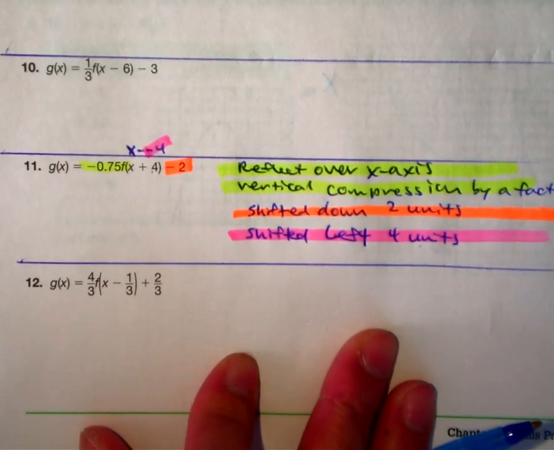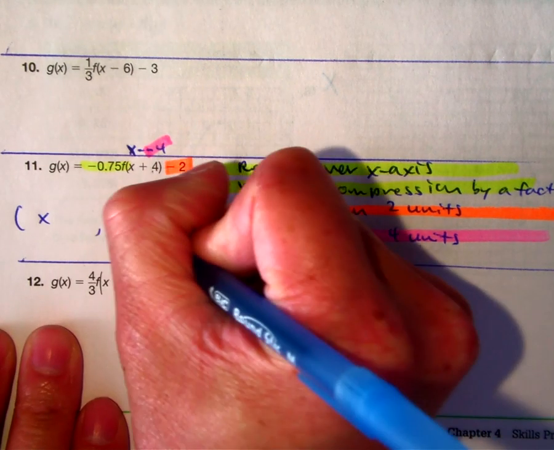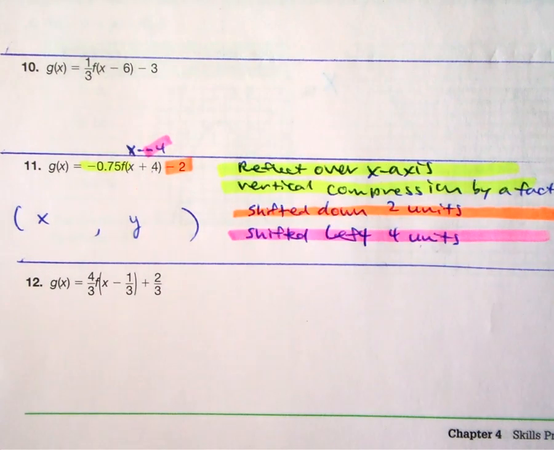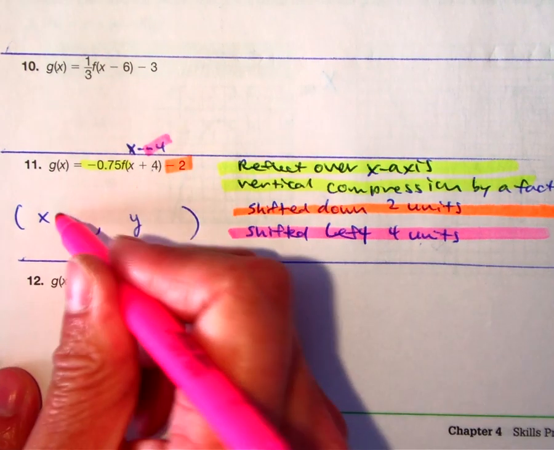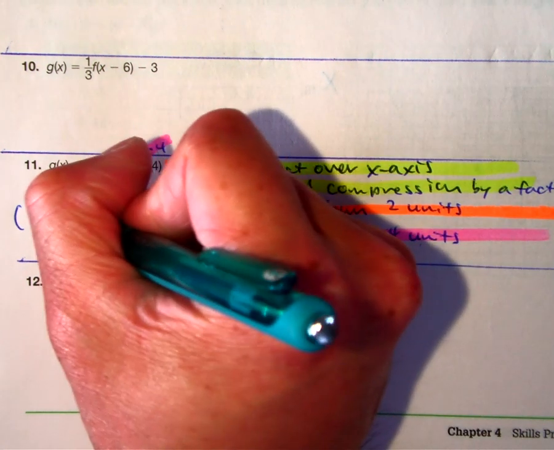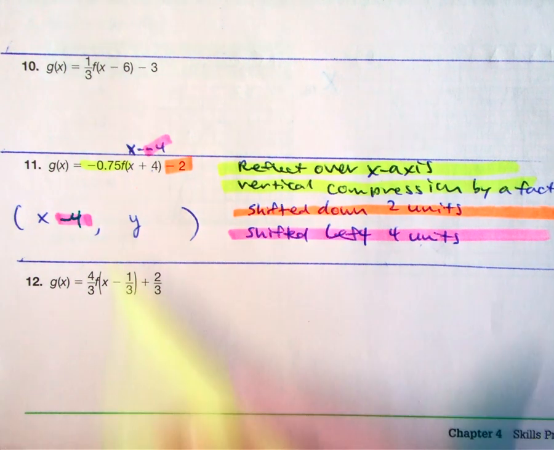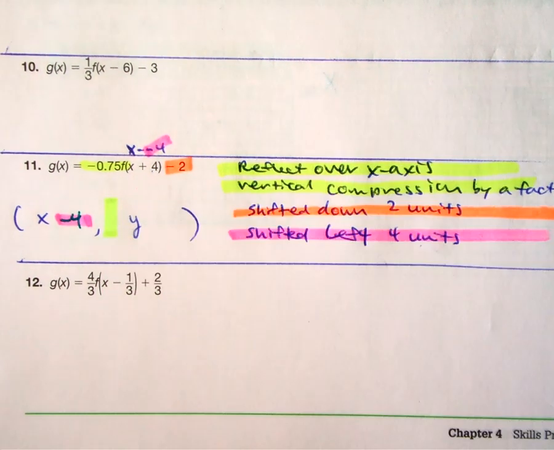So, to create our rule, you're going to put your c value, which was in pink, here. So here, my new rule becomes x minus 4. Your a value, which was in yellow, affects our y values.